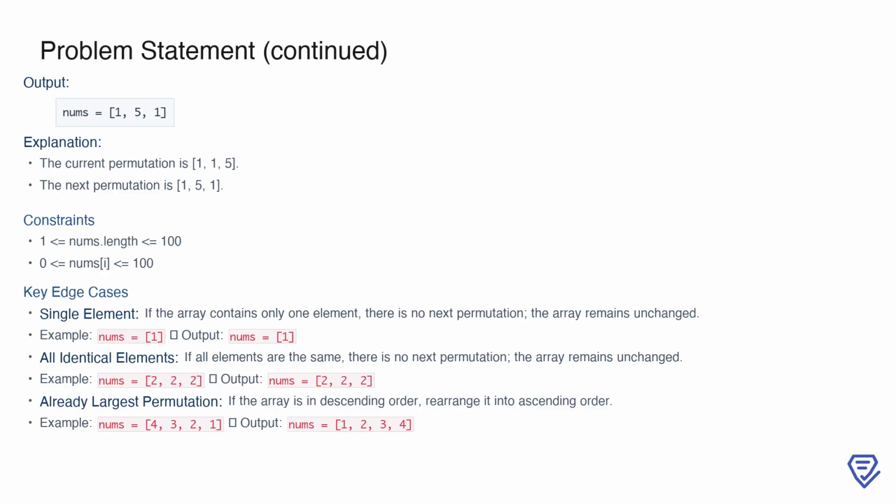Lastly, if the array is already in descending order, like 4, 3, 2, 1, it represents the largest permutation. In this case, you would rearrange it into ascending order, resulting in 1, 2, 3, 4. These edge cases highlight the importance of understanding both the smallest and largest permutations in the context of this problem.